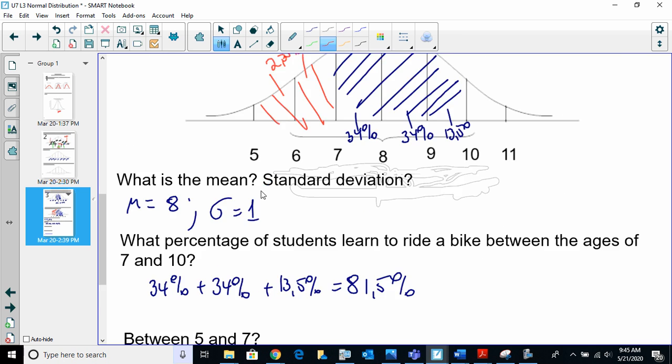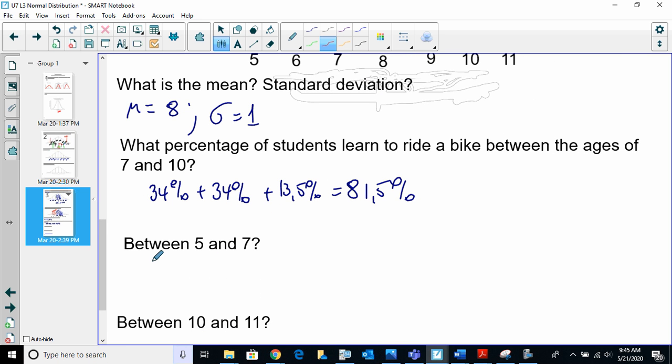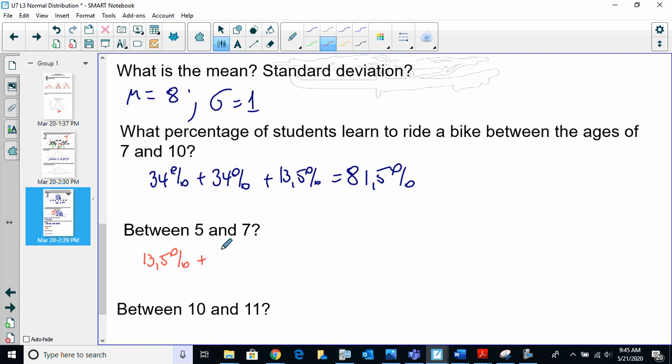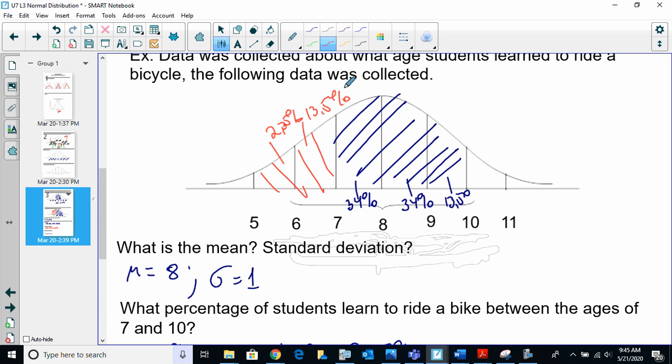So the percentage of students who learn to bike between ages 5 and 7 will be 13.5% plus 2.35%, which on your calculator is 15.85%.